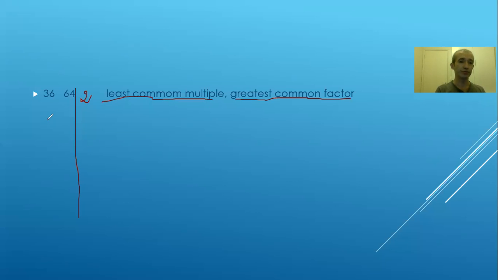Divided by 2, we get 18 and 32. One more time, divided by 2, we get 9 and 16. Divided by 2 again.